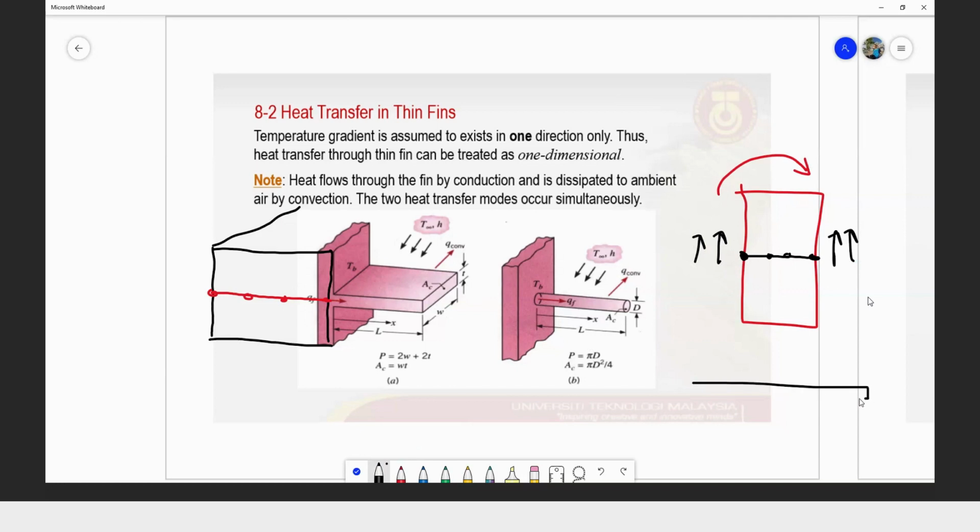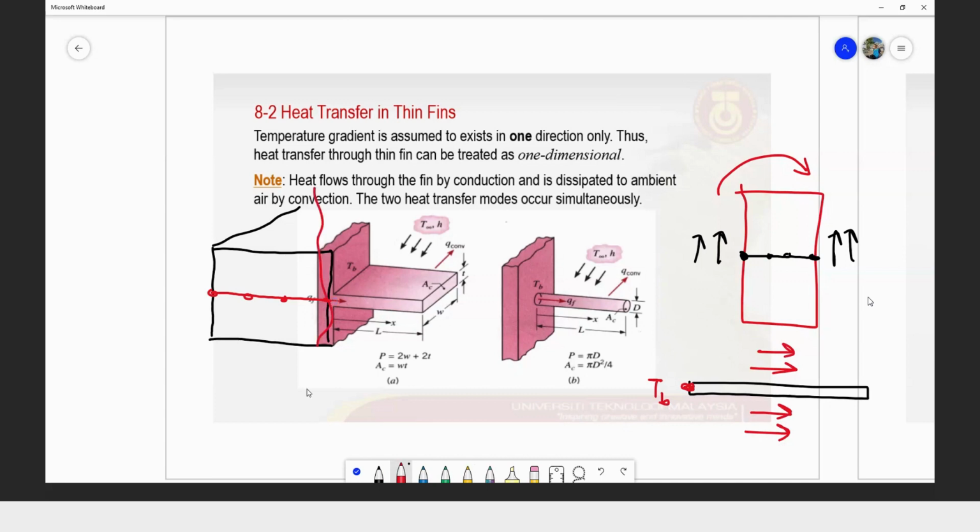So our structure is now a thin structure only, because a fin is usually very thin, 1 or 2 millimeters, depending on the application. The convection, as you can see here, will occur on both sides. And then we know the specified temperature here, which is the base.